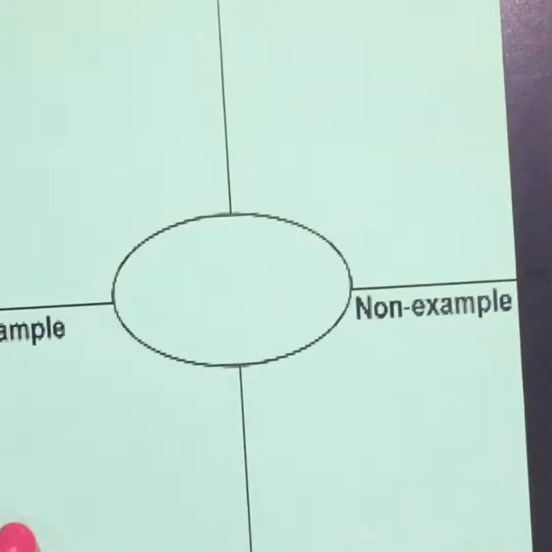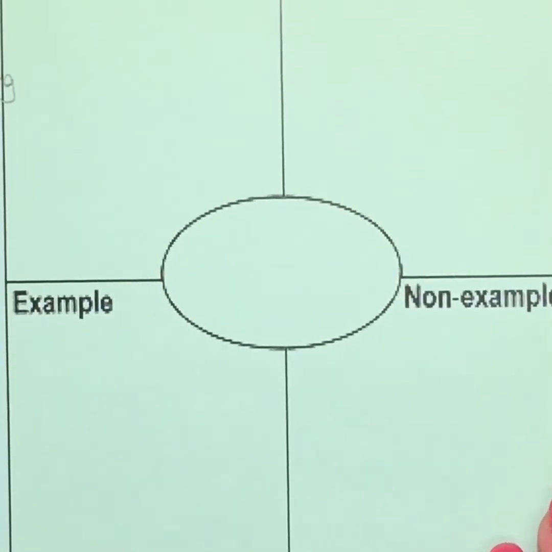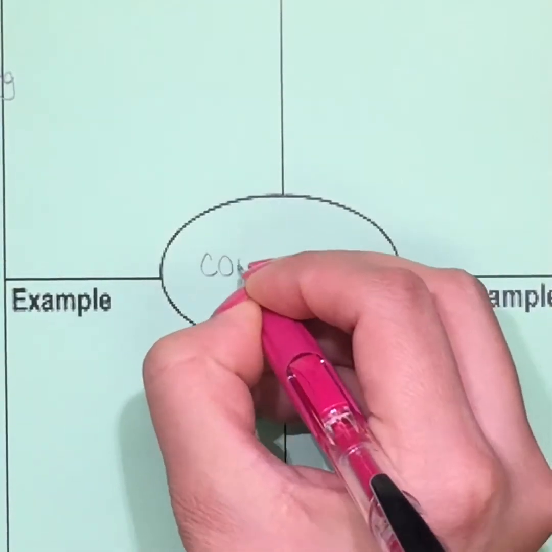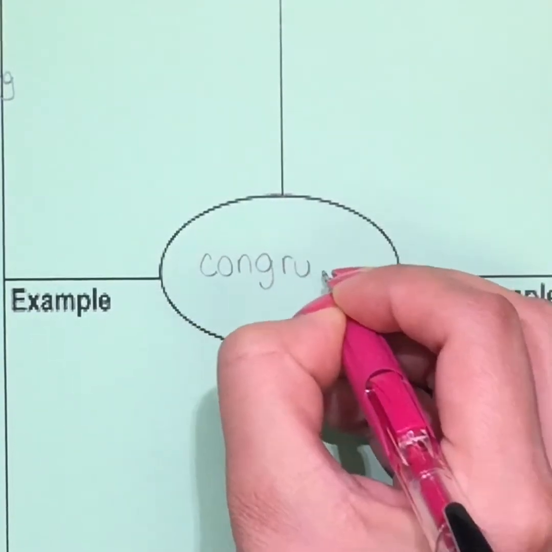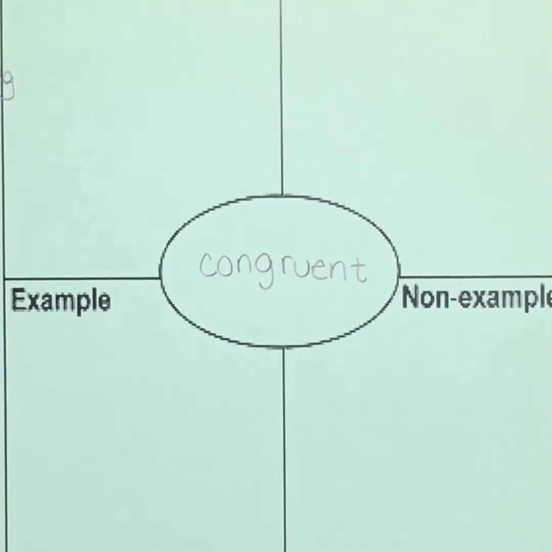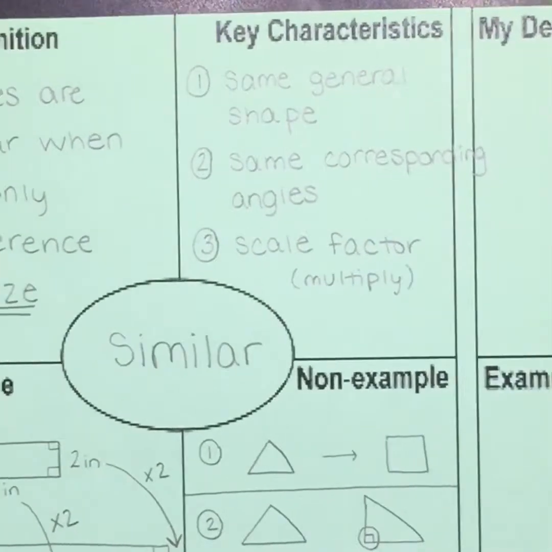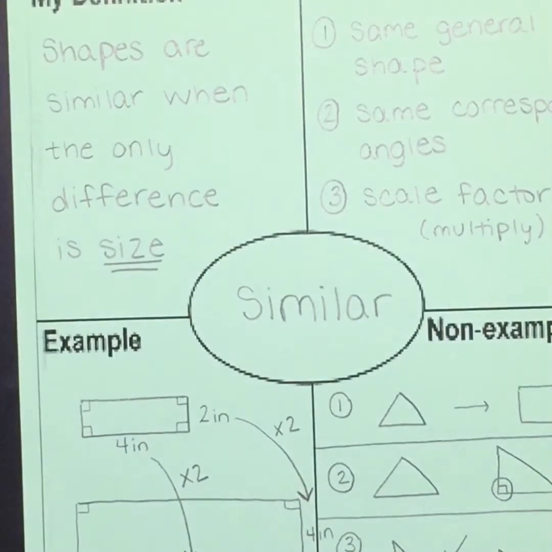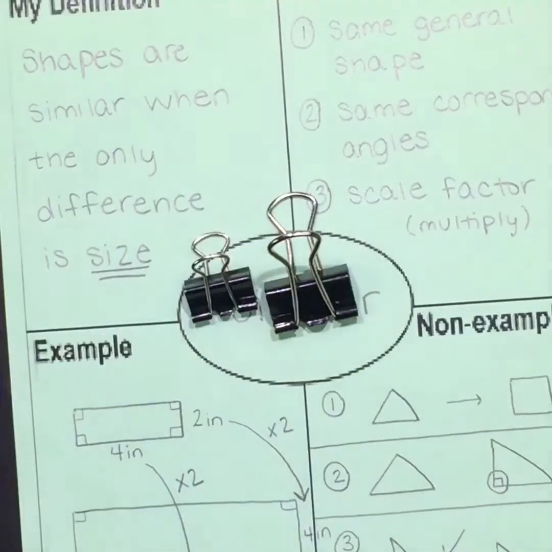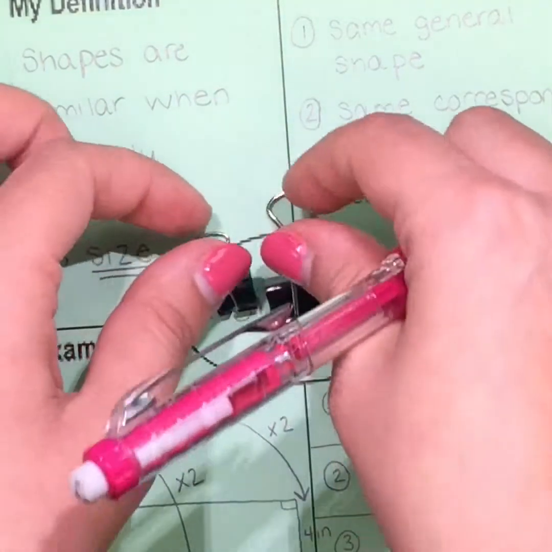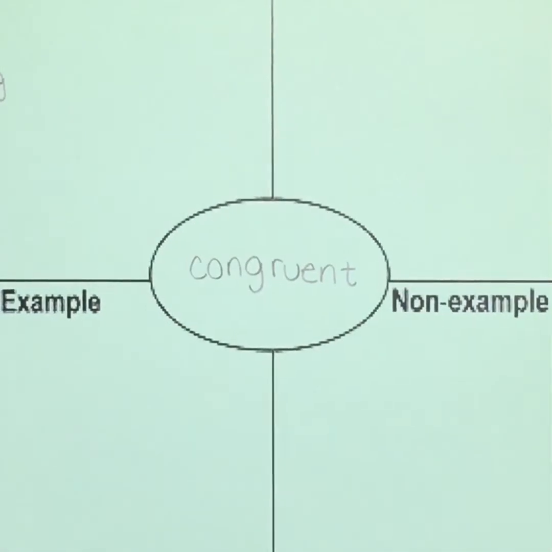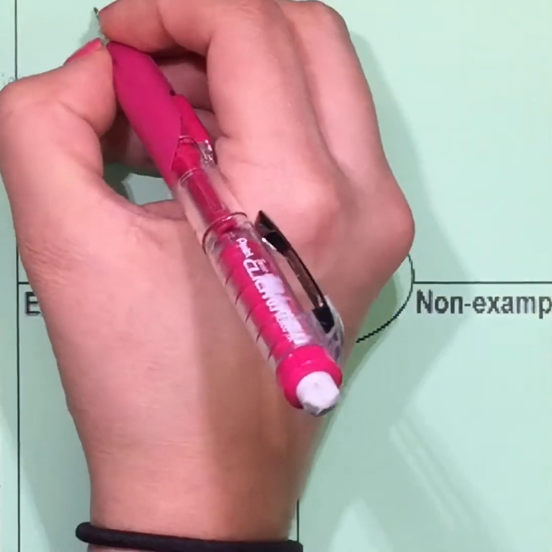Okay, on the other side, we are going to discuss the word congruent. Congruent. Now, while the word similar means shapes are similar when their only difference is their size, for example, those 2 binder clips that I pulled out earlier, congruent is when 2 shapes are exactly the same.